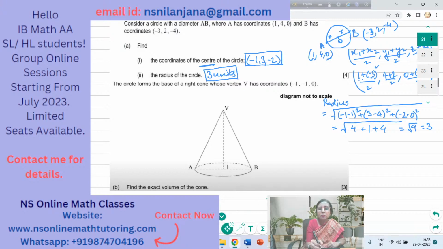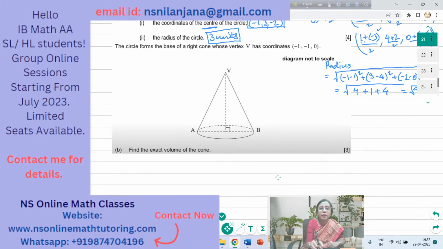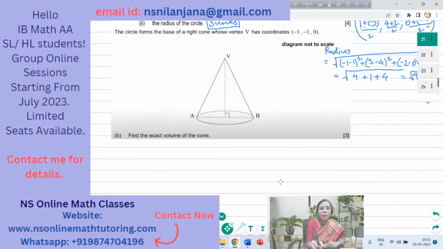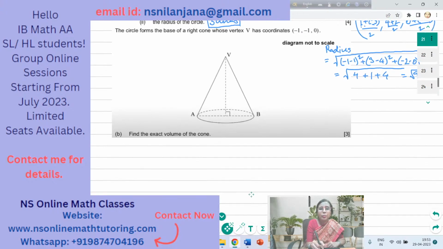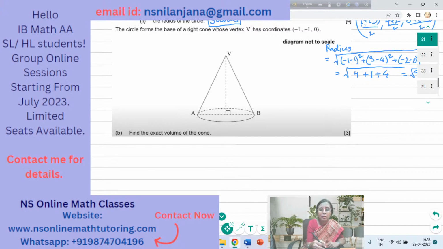Hope you know the entire question. The circle forms the base of a right circular cone, whose vertex V has coordinates (-1, -1, 0). And this is the circle, the base.